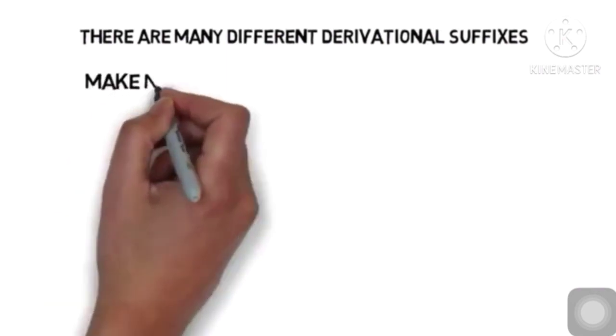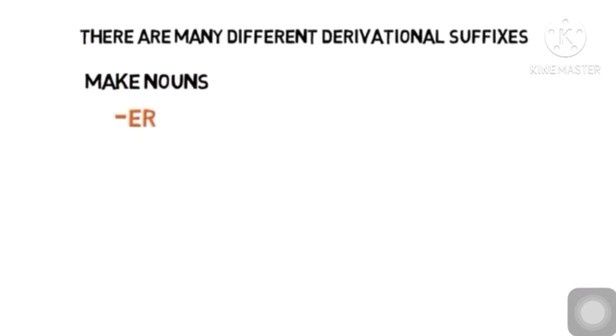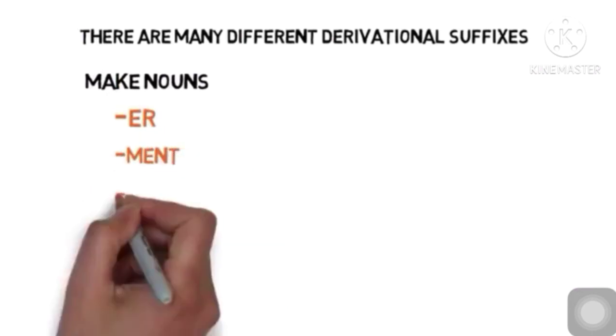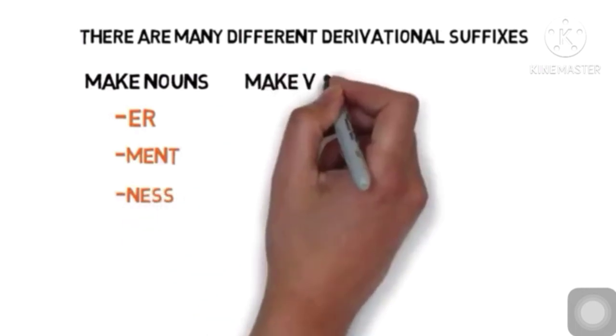There are many different derivational suffixes. Make nouns: er, ment, ness.